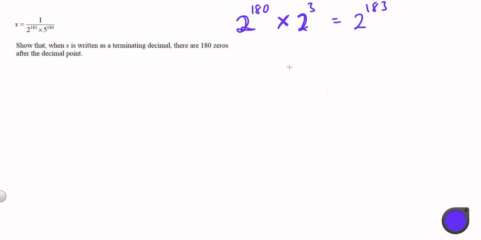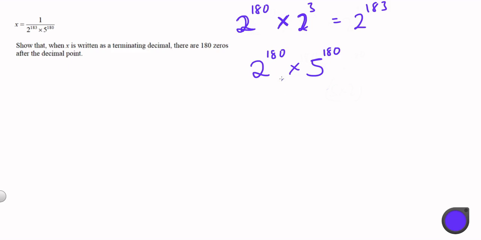Right, what else do you need to know? You need to know this one. Let's suppose you've got 2 to the power of 180 and 5 to the power of 180.